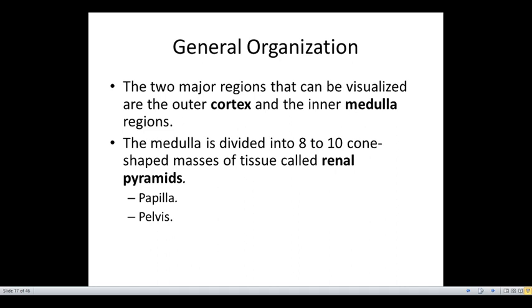The base of each pyramid ends in a papilla, which projects into the pelvis, which is a funnel-shaped continuation of the upper end of ureter.